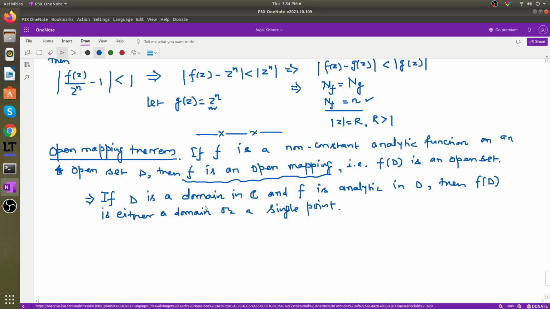Therefore, if f is a non-constant analytic function in a domain D, then f(D) should be a domain. If it is not a domain, then it should be a single point.